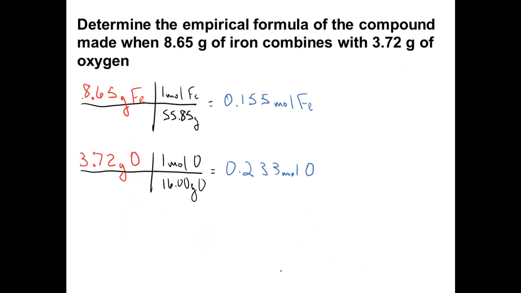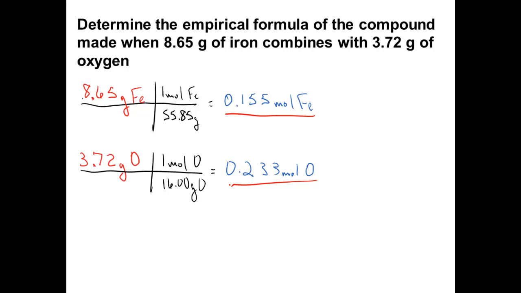Determine the empirical formula of a compound made of 8.65 grams of iron and 3.72 grams of oxygen. Maybe this person carried out an experiment and found these two values for grams of iron and grams of oxygen. But what is the mole ratio?